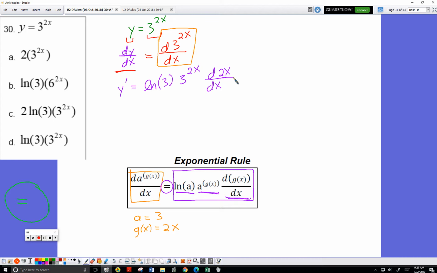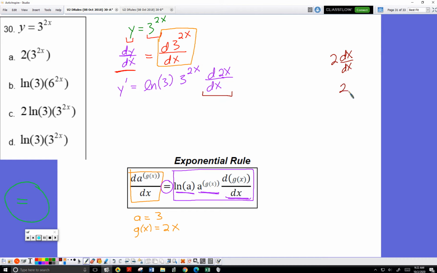Okay, the next step you should really start doing in your head if you've done a bunch of homework. Right here, I'm going to use the multiplying constant rule, which means I just pull out the 2. So just think of it, don't write it down. Like, here's what I'm thinking. I'm like, oh, that's going to be 2 multiplied by dx over dx. That's just 2.